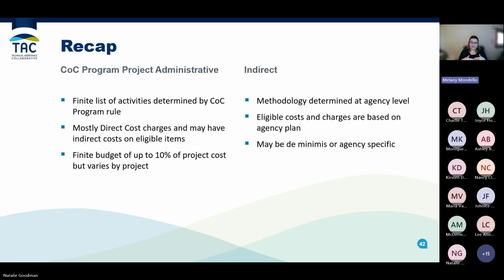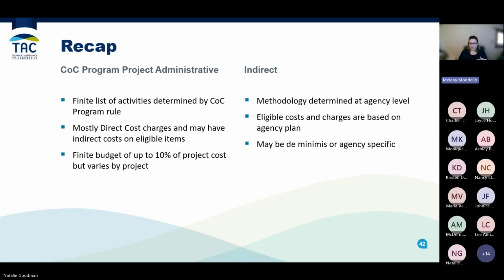You might have indirect costs that are layered on top of your project administrative costs. It's a finite budget. It doesn't pay for everything. CoC program will pay for a portion of the project administrative costs. Indirect is an agency level thing. The eligible costs are based on the agency plan, and it could be the de minimis rate that anyone can use, or it could be agency specific.